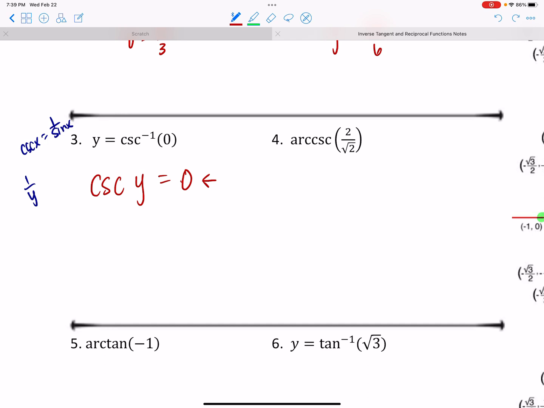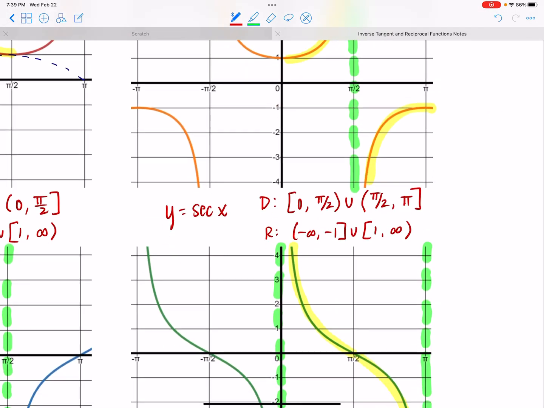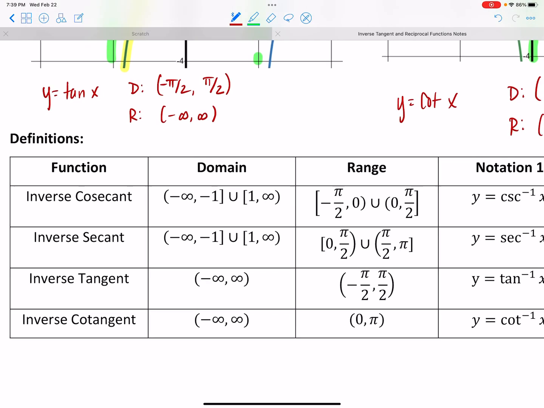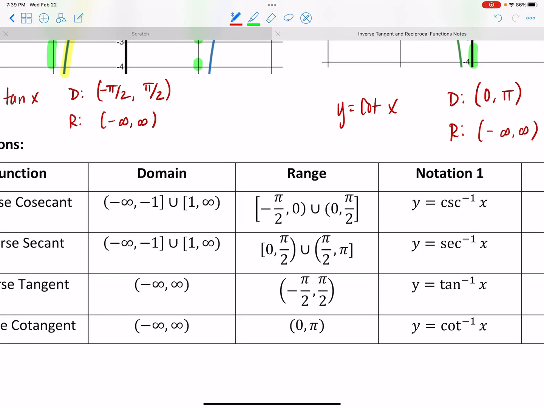So this is not in the range of cosecant, and that means that this is not in the domain for its inverse. Okay, so I can go back to my table if you want to see it here for cosecant. So cosecant, my domain, my inputs, what I'm allowed to plug in, have to be from negative infinity up to negative 1 or from 1 to infinity, and 0 falls in the middle of that, so it's not in my domain, which is why I was not able to find an angle that corresponded.